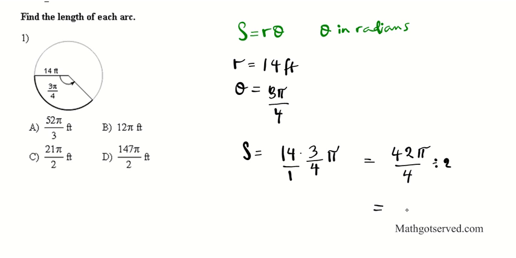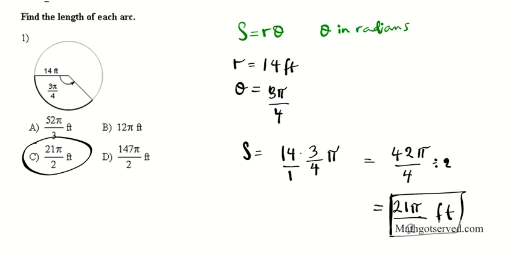And then we're going to have 21 pi over 2 feet, because we're dividing top and bottom by 2, as our arc length, okay? So arc length is 21 pi over 2. Our answer is option C. So basically what this answer means is that the distance from here all the way to here is exactly 21 pi over 2 feet, okay? This distance right here, that's what the arc length is.